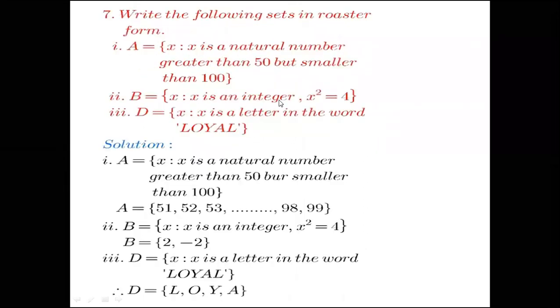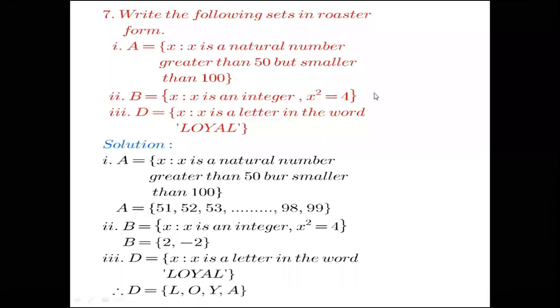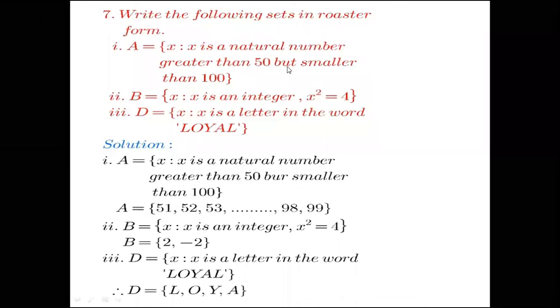Next, see the seventh question. Write the following sets in roster form. Same like the fifth question, but there they gave the set builder form. Here they are asking you to write them in the roster form. The first question is x such that x is a natural number greater than 50 but smaller than 100.